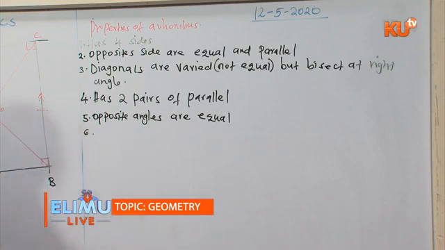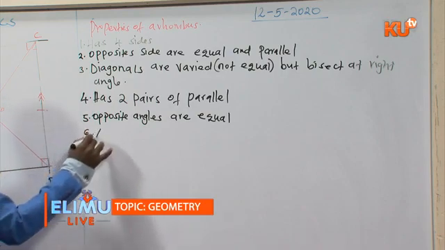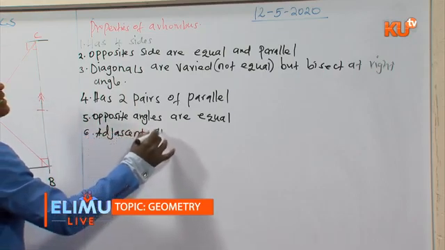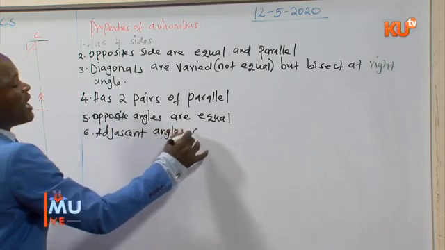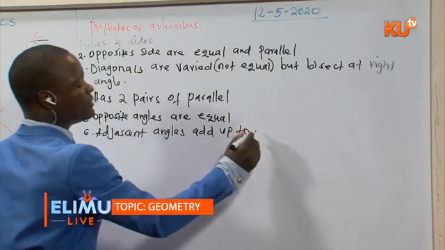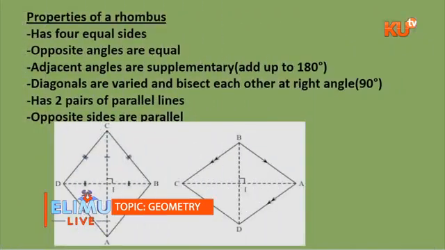Then number 6 is that adjacent angles add up to 180, or we can also say adjacent angles are supplementary.